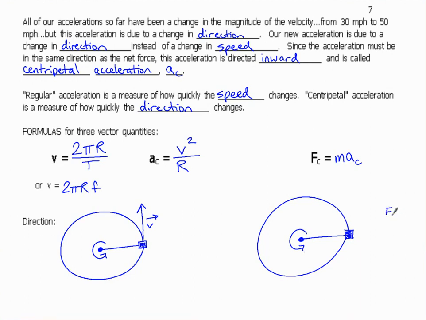What is the direction of the centripetal force? Remember, centripetal means directed towards the center. And so this is an inward force, which means that the force in this diagram is oriented towards the center. This is the centripetal force vector. It is oriented towards the center.